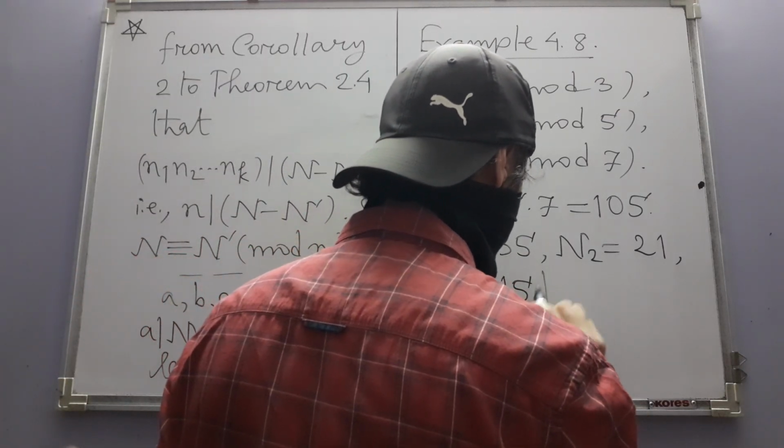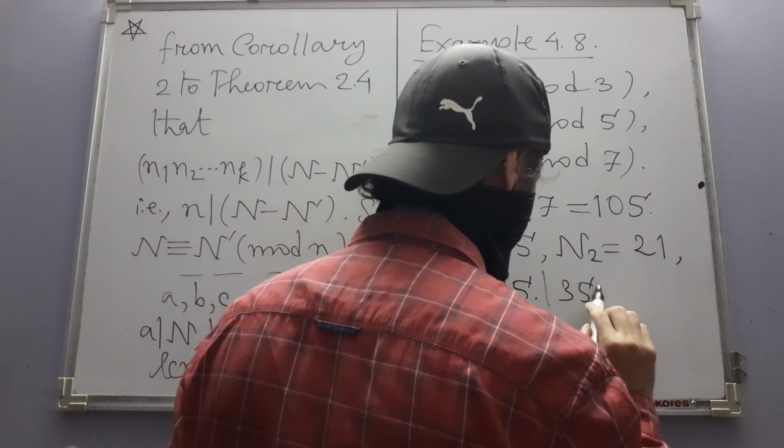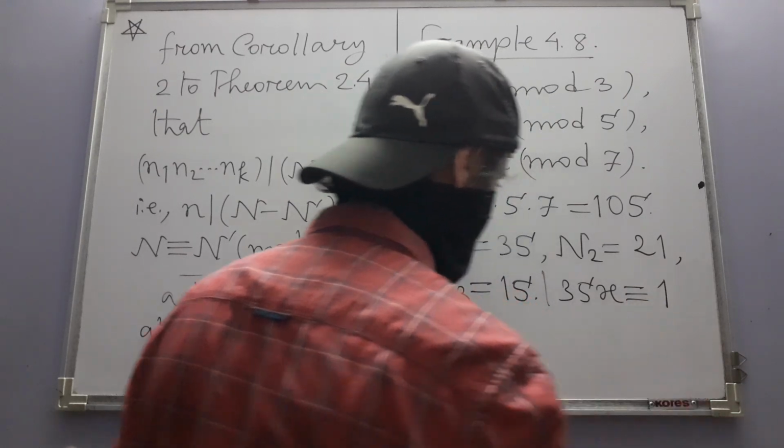That means you next have to consider 35x congruent to 1.